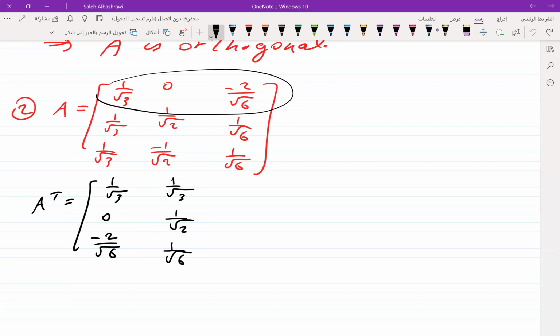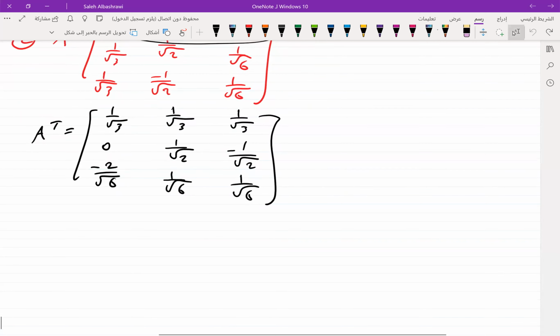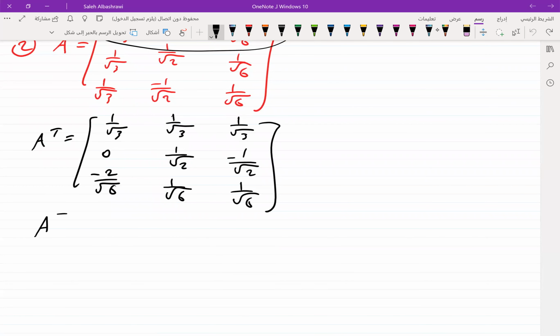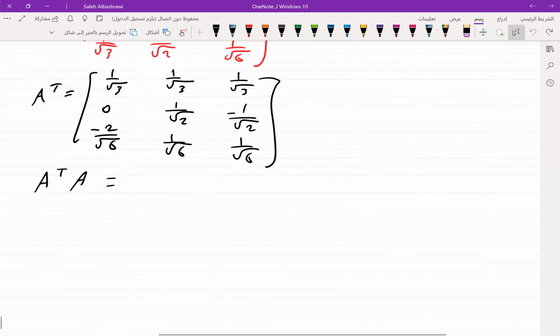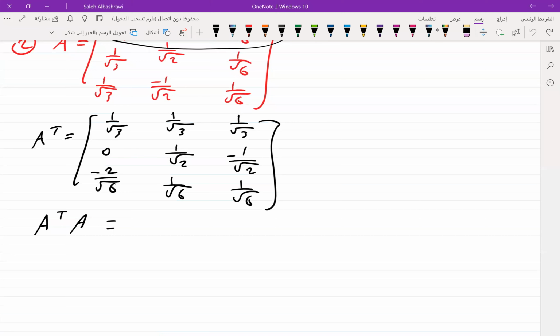Just change the rows into columns. Third one is 1 over square root of 3, minus 1 over square root of 2, and 1 over square root of 6. Now all what we need is to find A transpose times A and also A times A transpose. Let's find A transpose times A first.